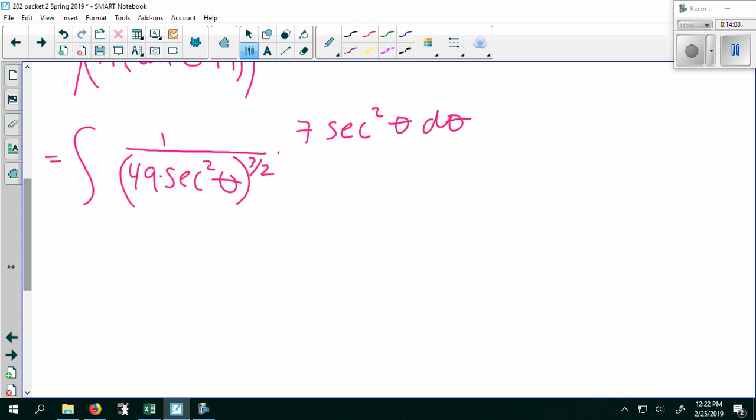So I'm going to take the square root of 49, I get 7, and then cube it, and I get 343. Okay, so this is the integral of 1 over 343. That's 49 to the 3/2.